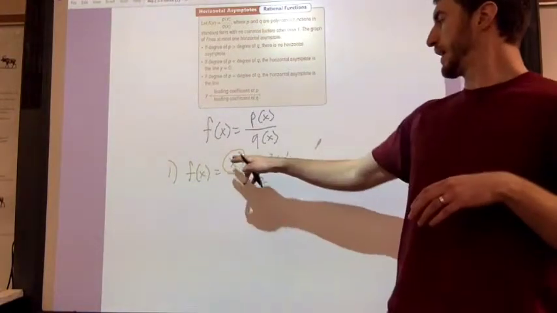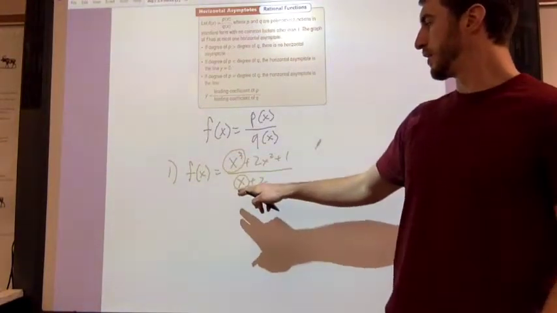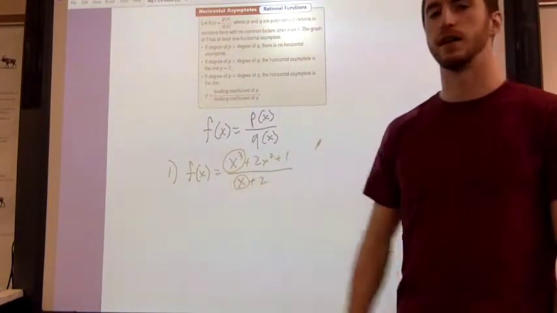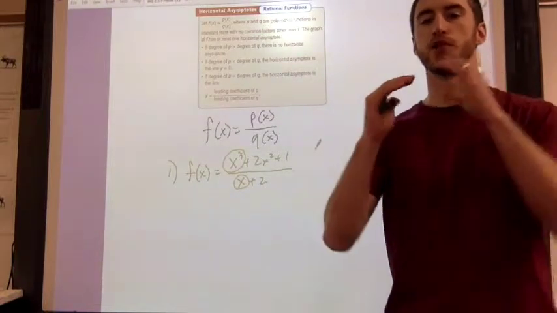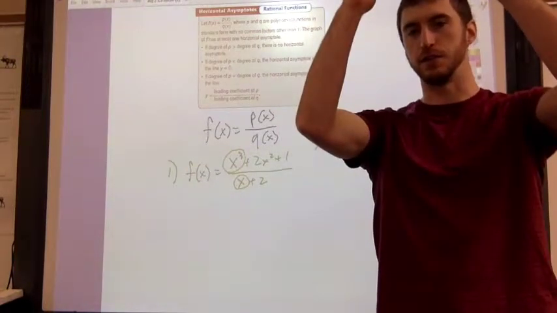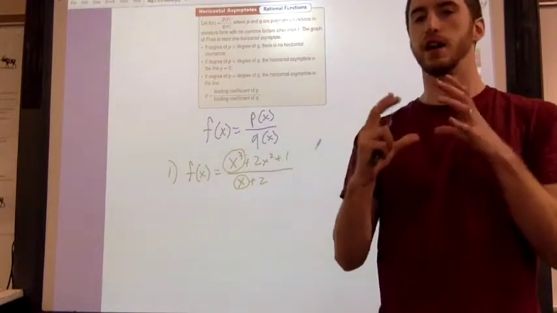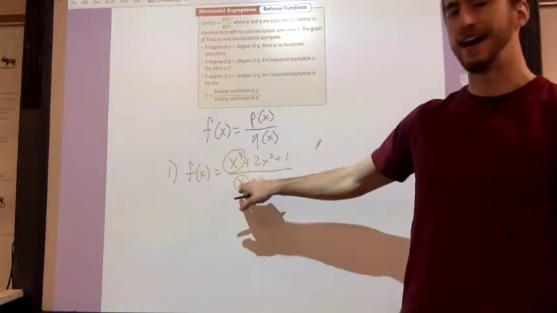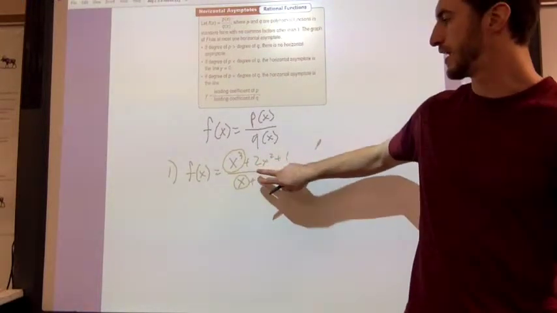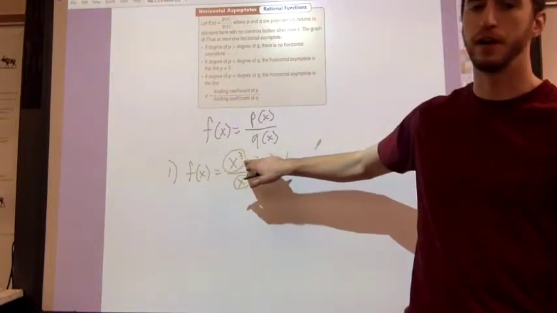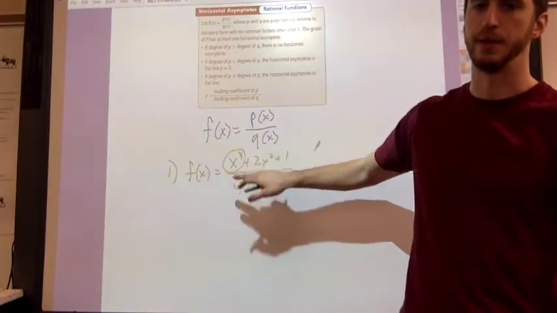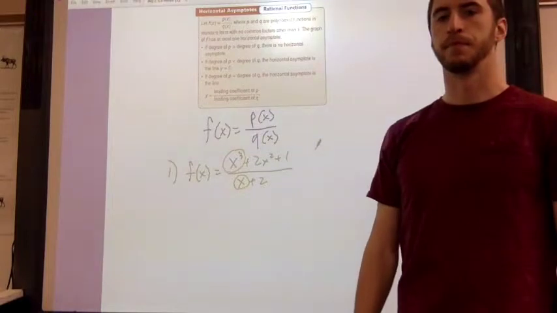So if we got an x cubed in the numerator and an x in the denominator, it's basically saying a really big value, x cubed, divided by a not as big value, the x, okay. This is the case in which we have a bigger power on top and a smaller power on bottom.